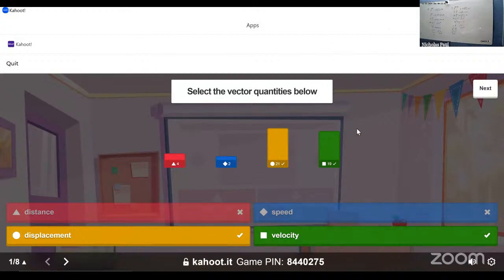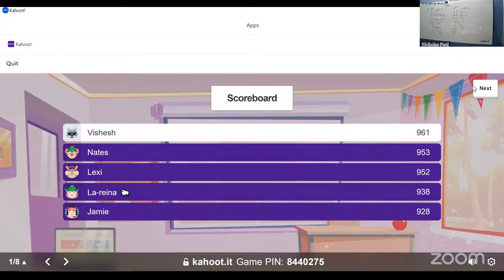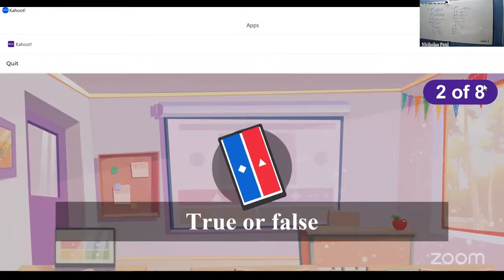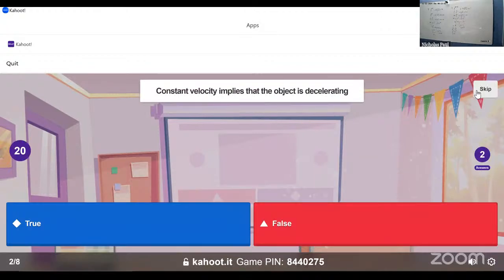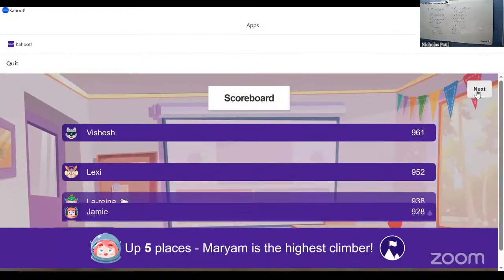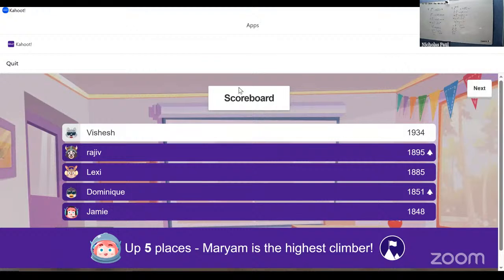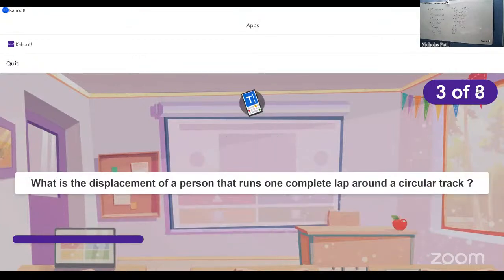Wait, so long already? I did correct now. Next, there we go, there we go. Type your answer. Double points, okay, very nice. Oh, I like this one, I like this one, I like this.